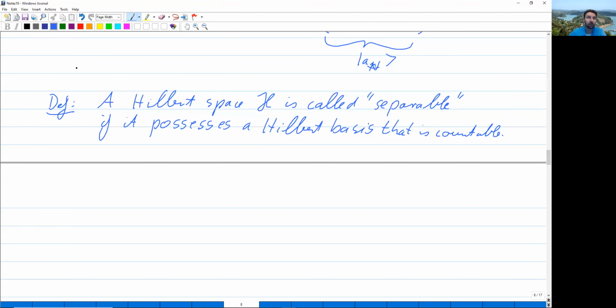Now I need to tell you a few curious facts about Hilbert spaces.